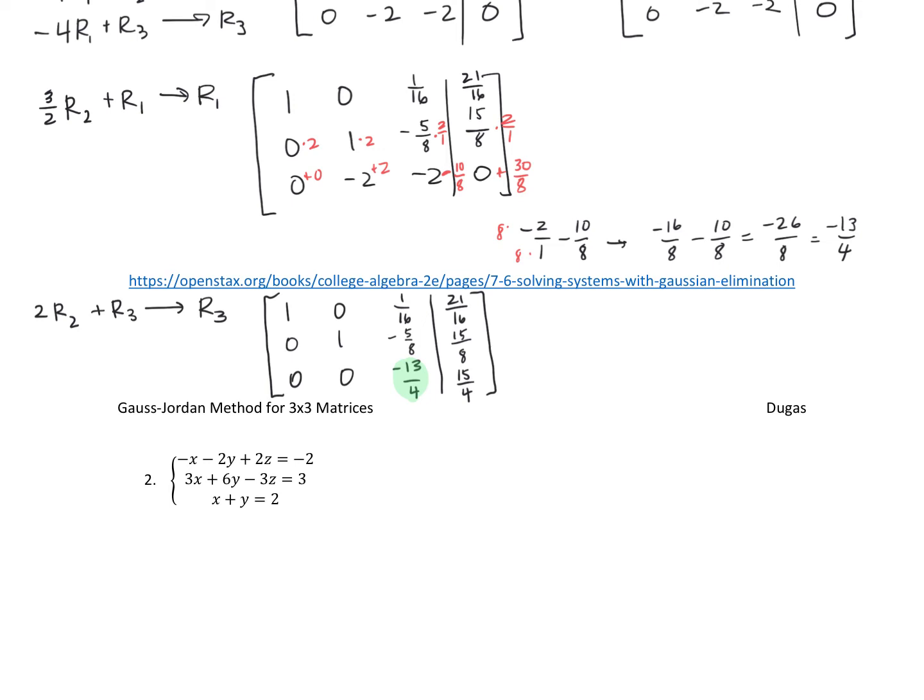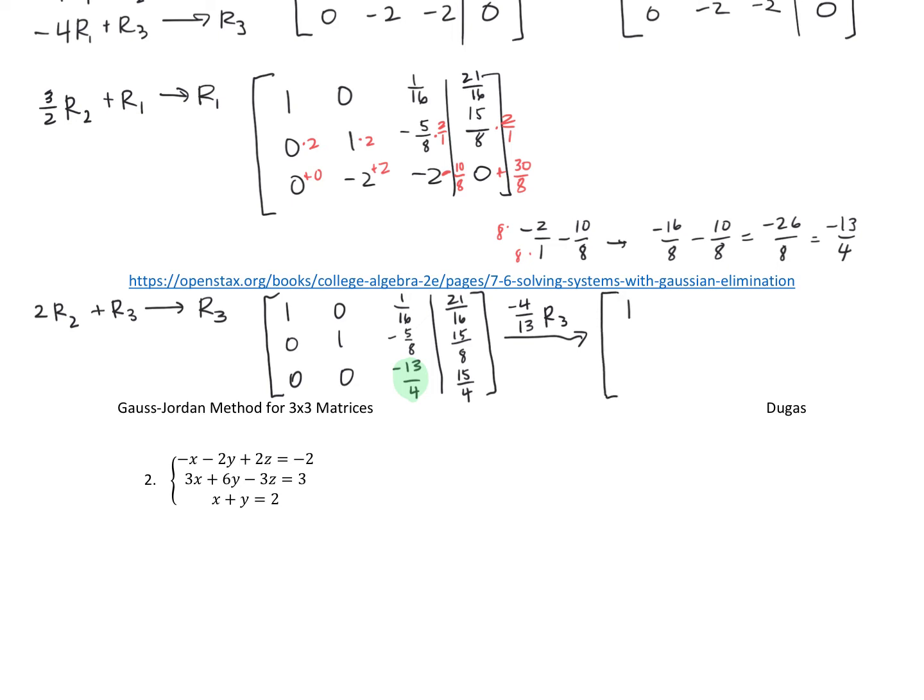And so to accomplish that, we're going to multiply that row, row 3, by the reciprocal. So if we did -13/4 divided by -13/4, we would get 1. And dividing by a number is the same as multiplying by the reciprocal. So we would multiply by -4/13. And then we're going to find out what we get when we scale up like that.